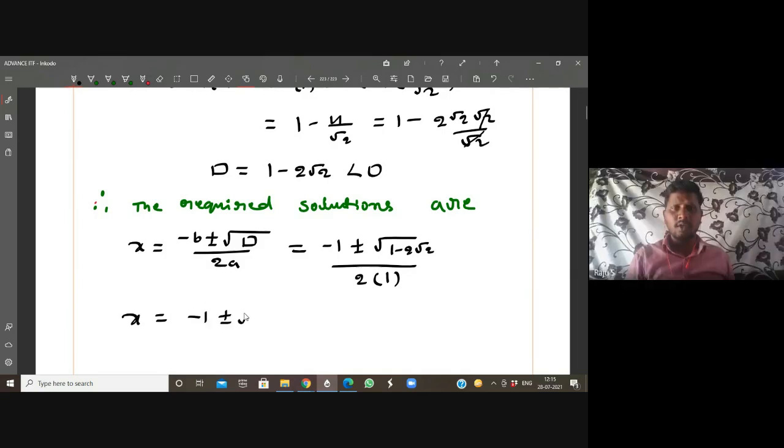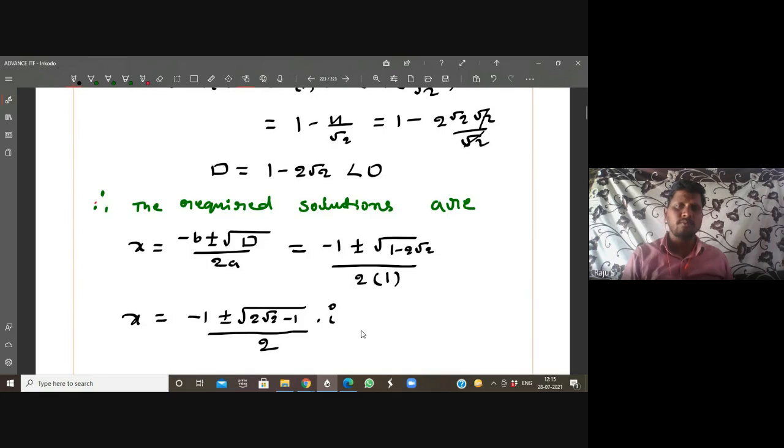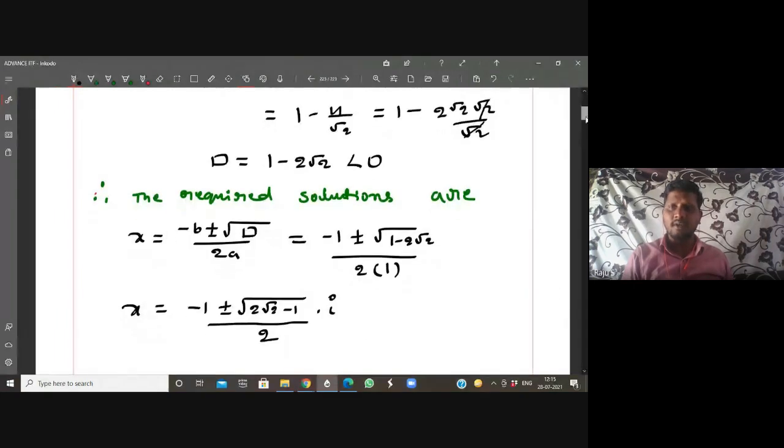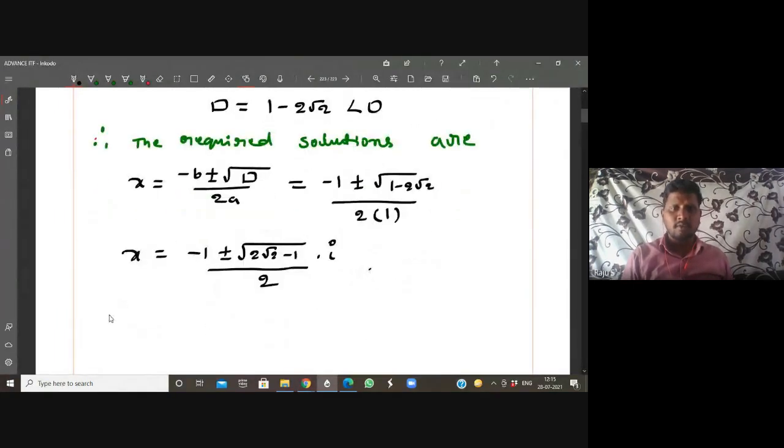It's better you can write like this, 2 root 2 minus 1 into iota. Actually 1 minus 2 root 2 is lesser than 0. We can make it greater than 0. After that, iota, you can write by 2. That's it. These are the required solutions. So there are two solutions.